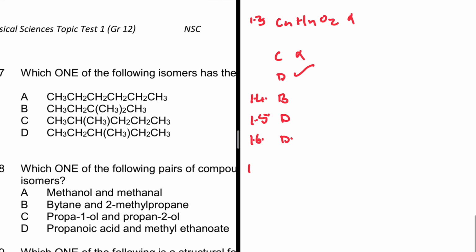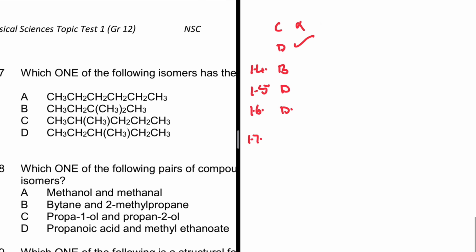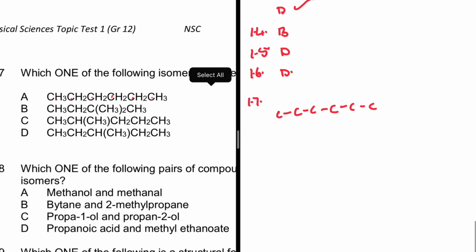In A, I'm going to have some sort of a structural formula in order to see what is going on with these. In A, we have 1, 2, 3, 4, 5, 6 carbons. We have something like that in A. And then in B, we have 1, 2, 3.